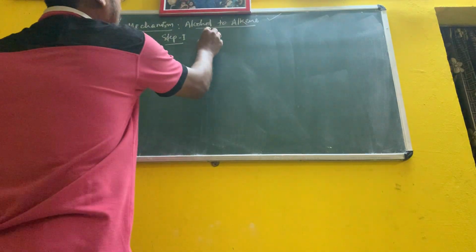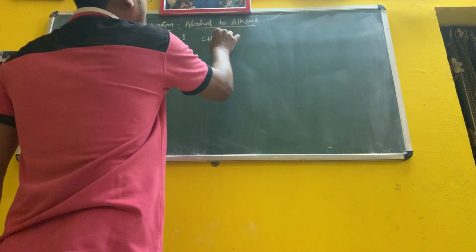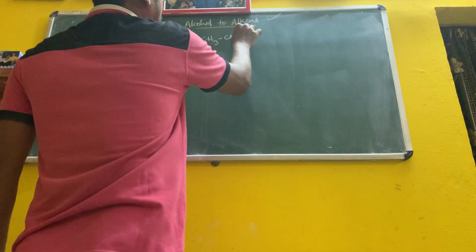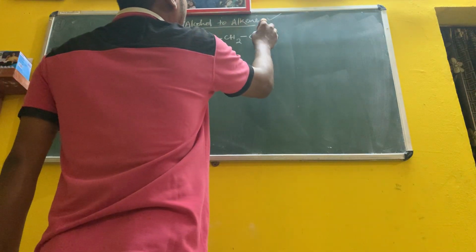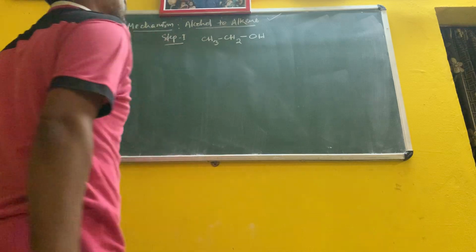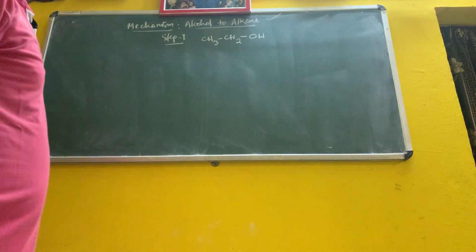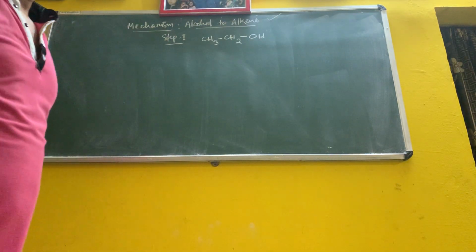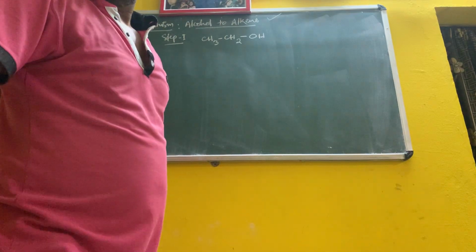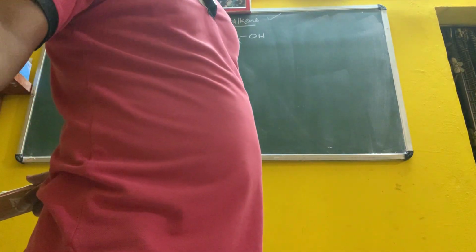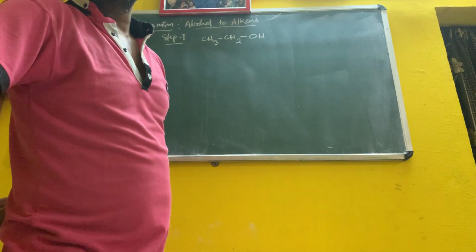Alcohol, CH3, CH2, OH. The first step is known as protonation, that is protonated alcohol.